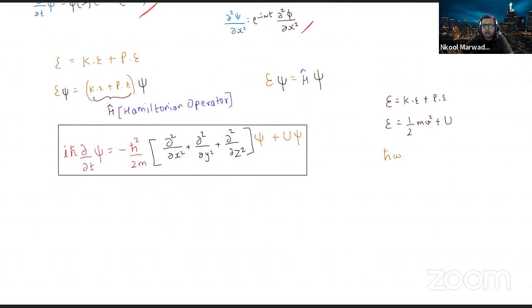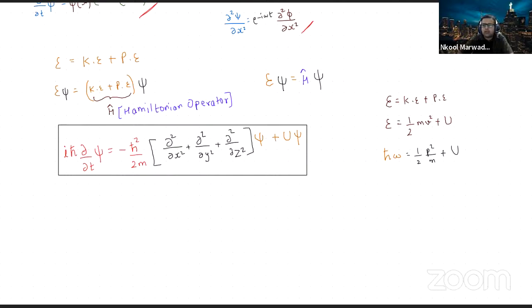And similarly, I can multiply and divide both sides with m, numerator and denominator. It will become half m square v square, so half m v square is p square by 2m.